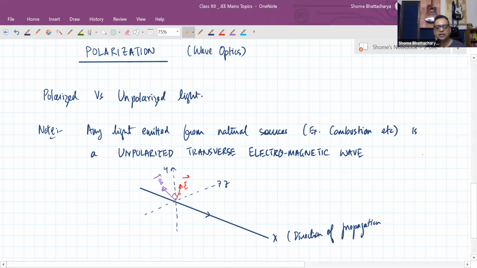But in the case of an unpolarized beam, it is such that this angle theta is randomly changing with time.